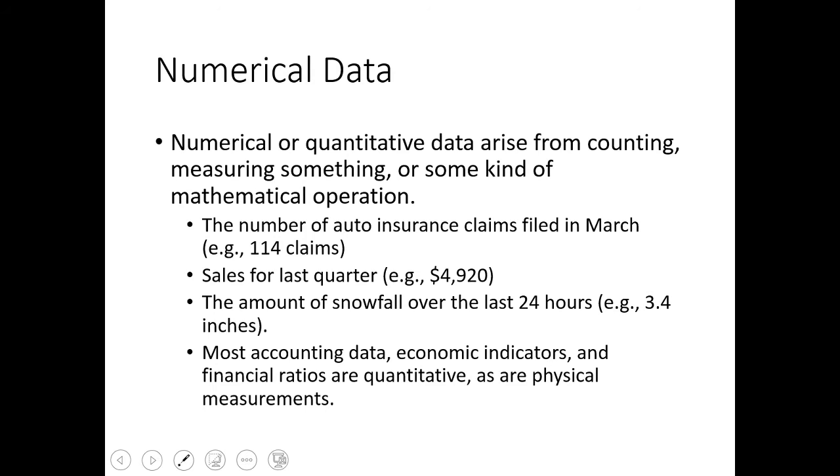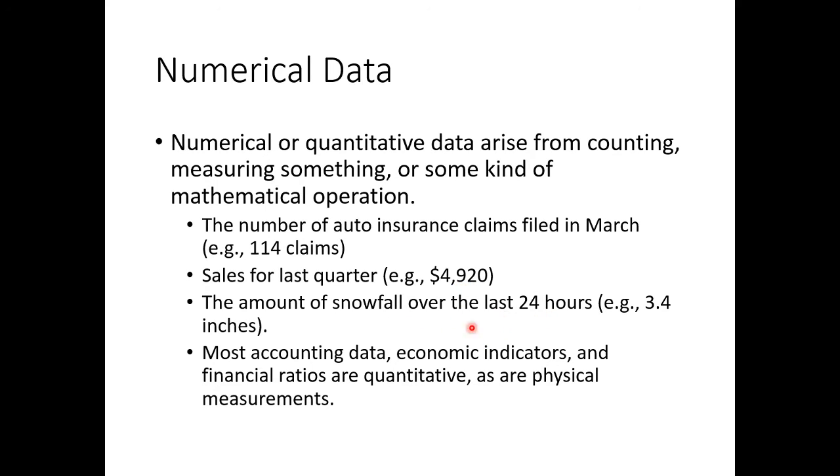For example, the number of auto insurance claims filed in March: 114 claims were filed in March. So it is numerical data. The number itself is the data; we do not assign the number to some meaning. Sales last quarter, 4,920, is also numerical data.